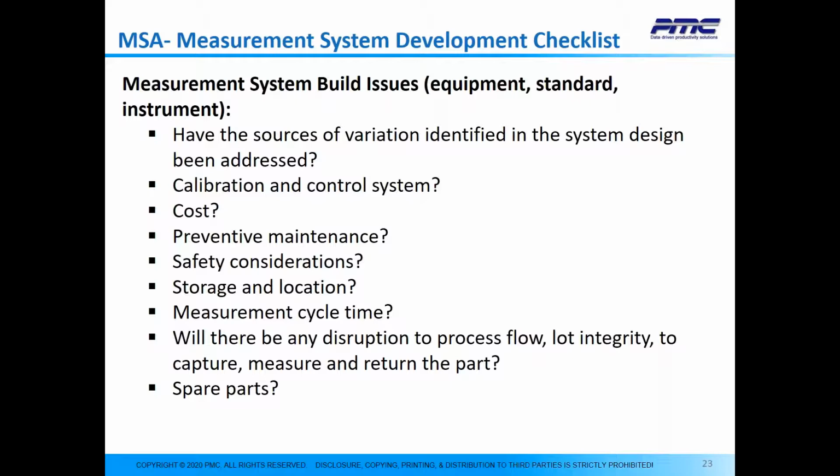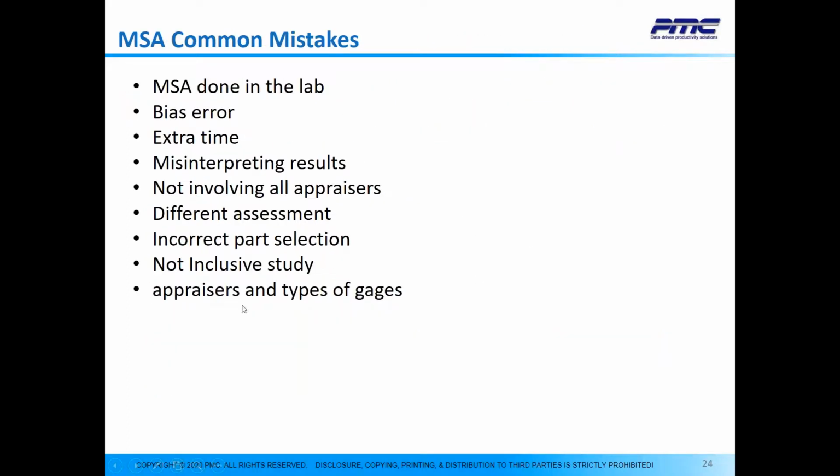Will there be any disruption to process flow, like lot integrity to capture, measure, and return the part? Material handling, environmental issues. Are there any special reliability requirements or considerations? User instructions, spare parts, documentation, calibration, storage, and error mistake proofing. Again, you need to consider all these for your build issues.